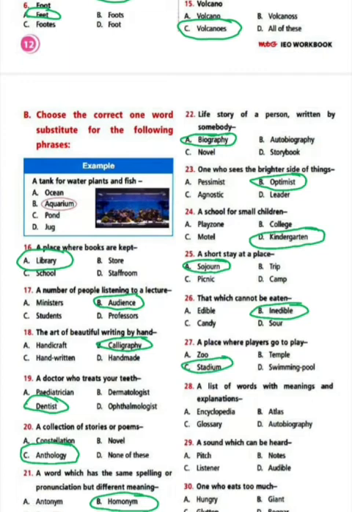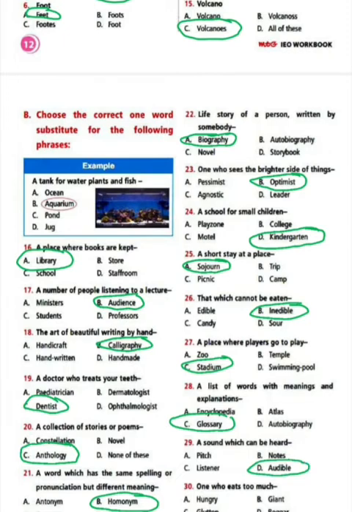28, a list of words with meanings and explanation. That will be glossary. Words with meanings and explanation are given in a glossary. You might be having it in most of your English chapters. 29, a sound which can be heard.